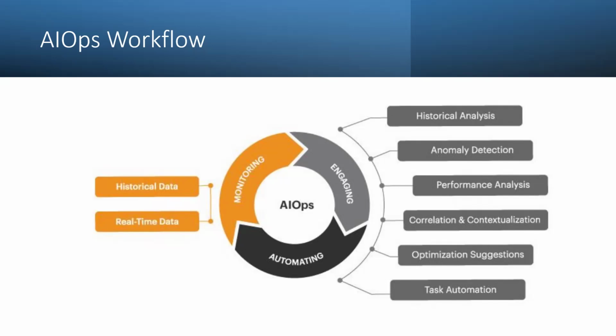In later videos, I'll explain this in detail. Task automation: based on your incidents, anomaly detection, performance analysis, and correlation, we can initiate any kind of automation to mitigate or fix the issue. So this is all about the AIOps workflow.